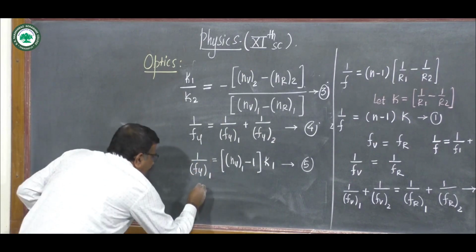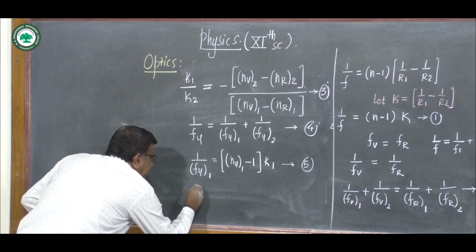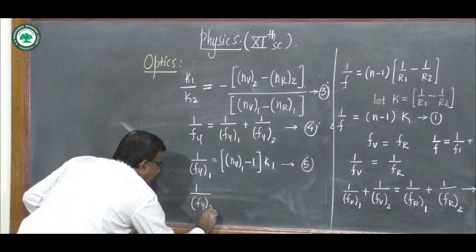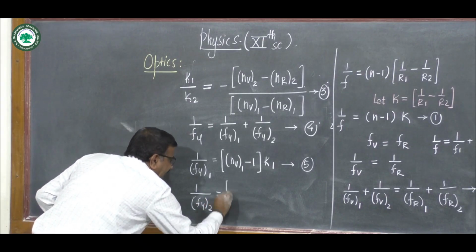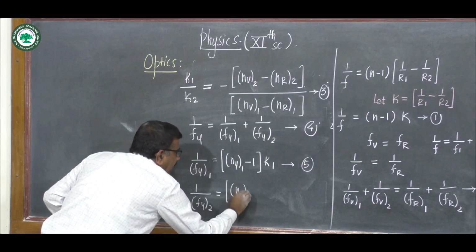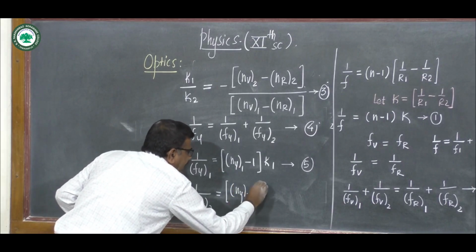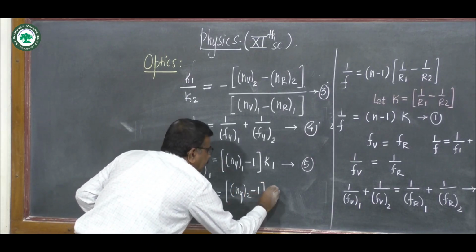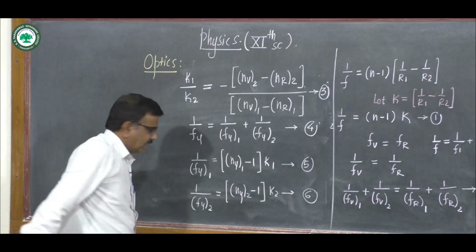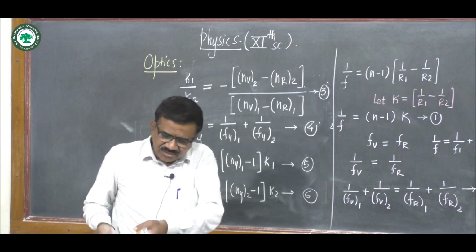And 1 upon Fy2 will be in bracket (ny2 minus 1) K2. Suppose equation 6, 1 upon Fy2 is (ny2 minus 1) K2.